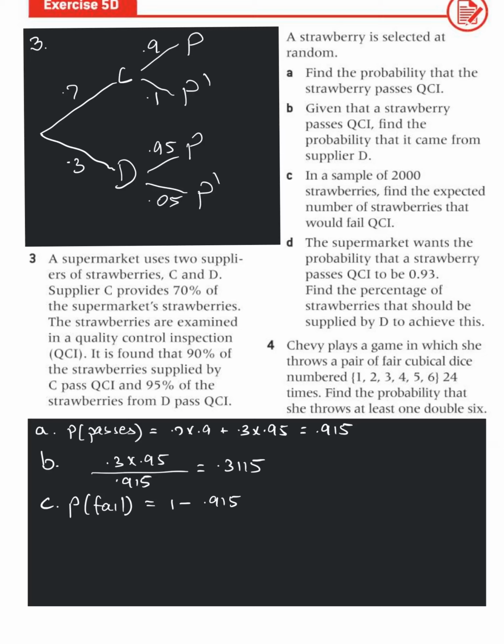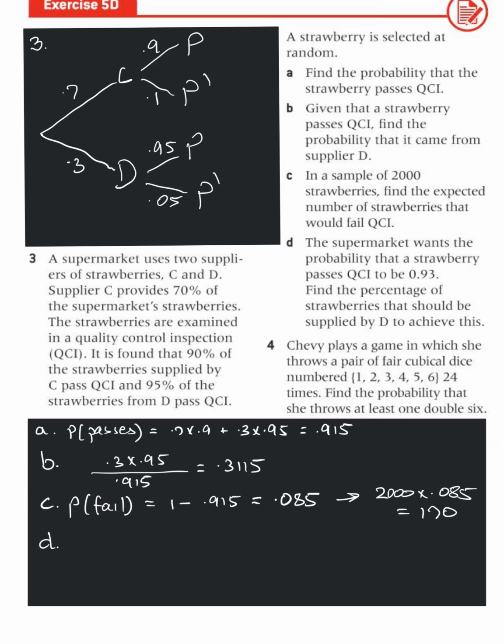And that would equal 0.085. Then they ask us, in a sample of 2,000, so we multiply 2,000 by that. Therefore, 2,000 times 0.085 equals 170.